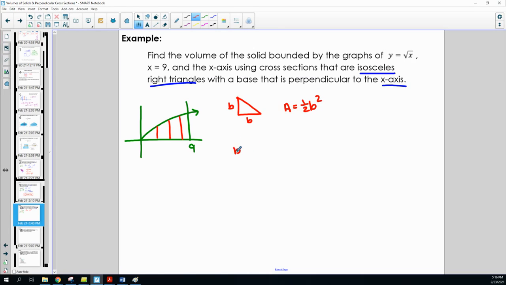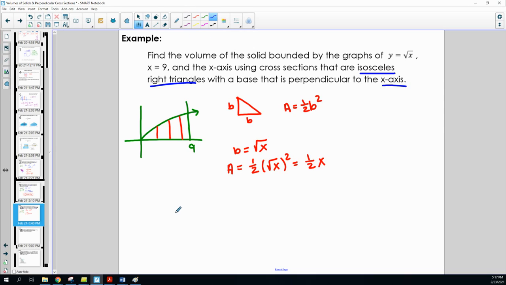So my B is going to be the square root of x because it's my top function, which is square root of x, minus the bottom function, which is the x-axis. So that's just 0. And then my area is going to be 1/2 the base, which is square root of x squared. So that's just 1/2 x.